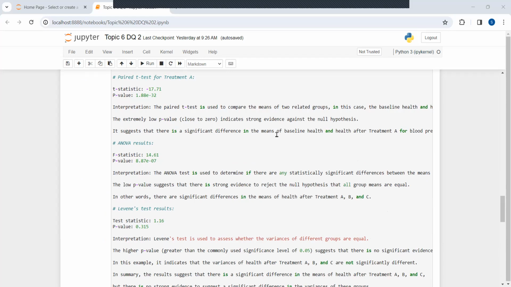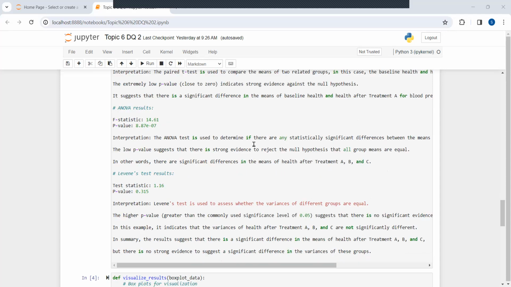The extremely low p-value indicates strong evidence against the null hypothesis. It indicates there is a significant difference in the means of baseline health and health after treatment A for high blood pressure.